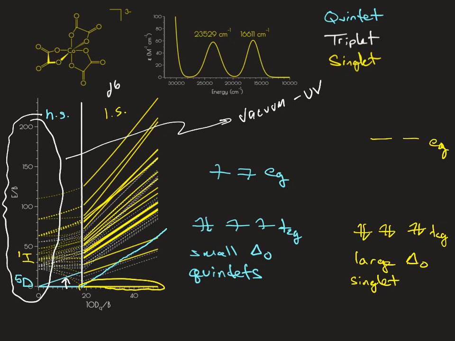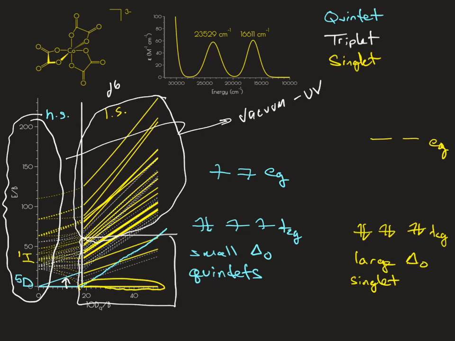Therefore, a lot of these transitions are not going to be observable when we analyze a UV-vis spectrum. So we'll be focusing in on just one region of this Tanabe-Sugano diagram, which will further simplify the analysis.